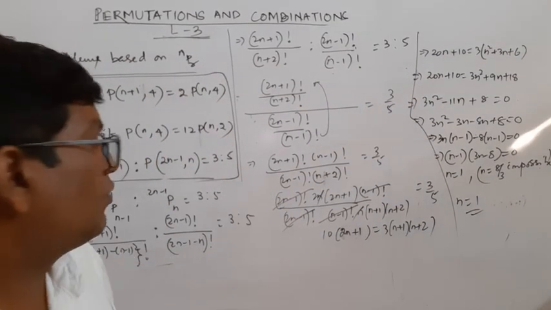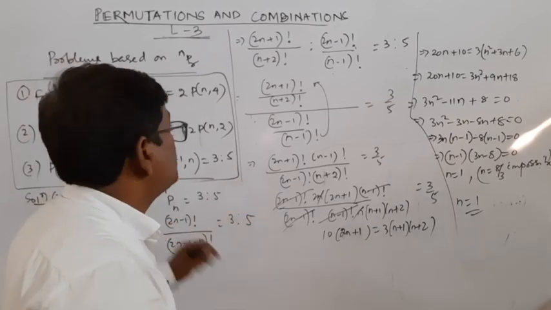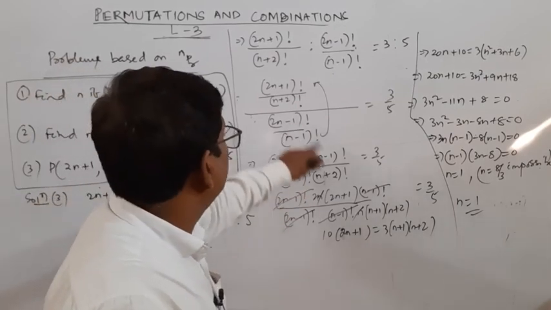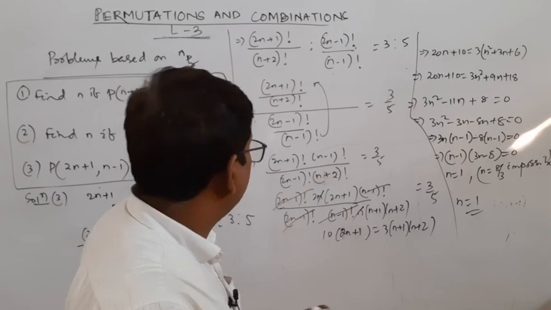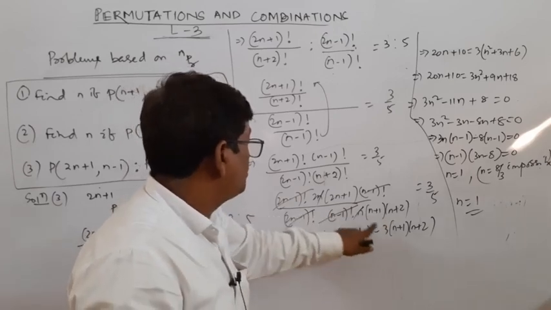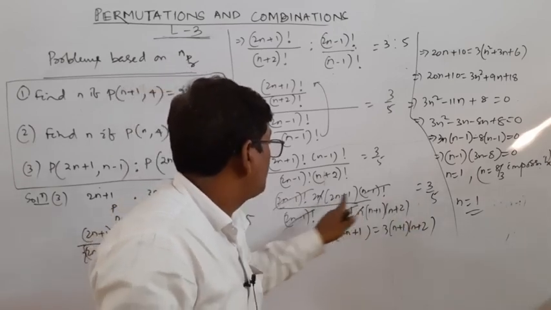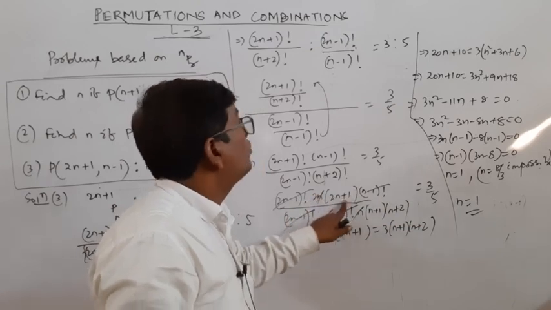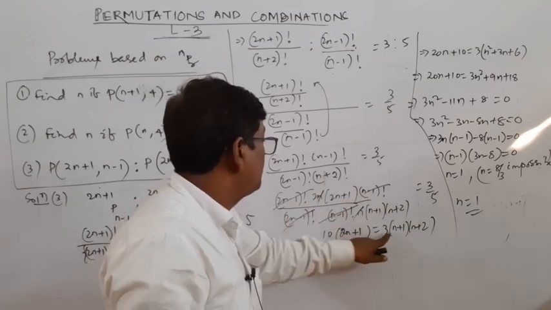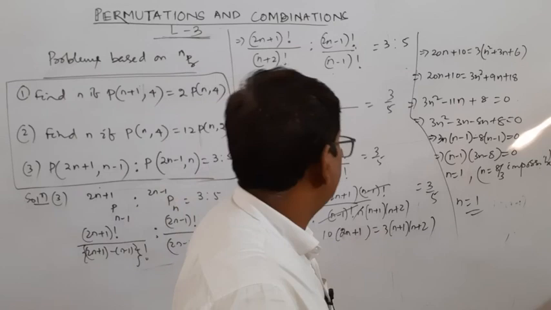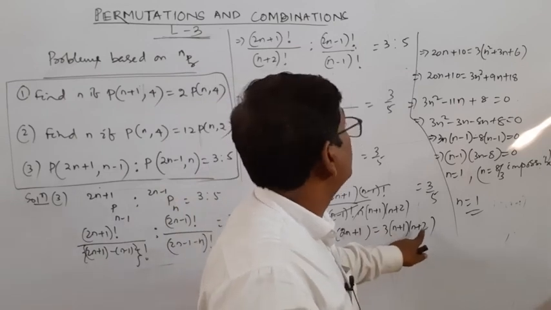Now we'll check, because 1 is not satisfied here. So check again. This is 5 into 2, 10(2n+1), and 3(n+1)(n+2).